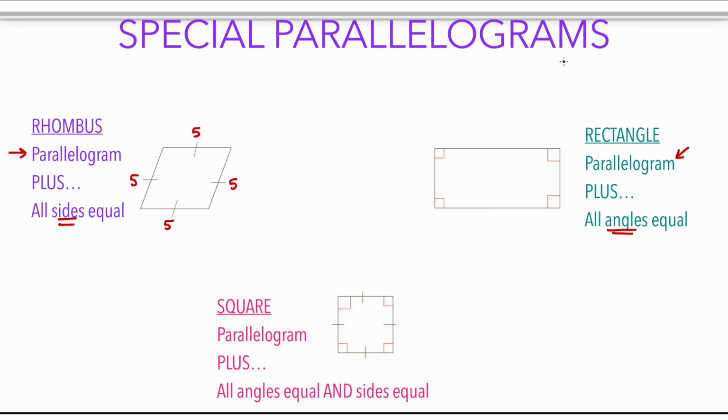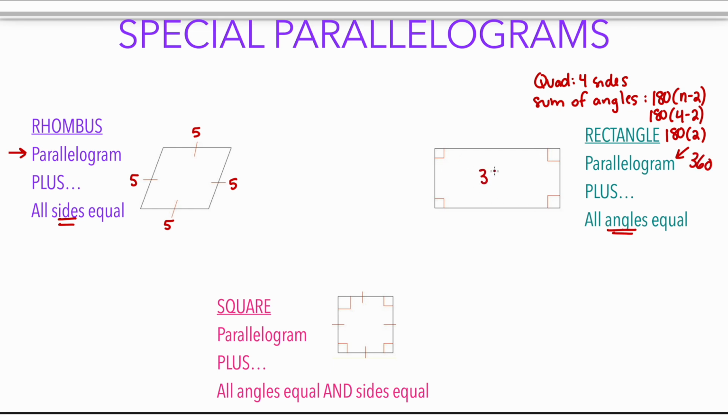And because a rectangle is a quadrilateral, which has 4 sides, we can find the sum of the angles by using our formula, 180 times n minus 2. So if we do 180 times 4 minus 2, we get 180 times 2, which is 360.